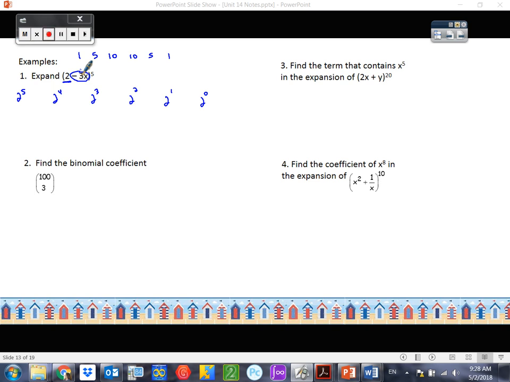So this is going to be negative 3x to the 0, negative 3x to the 1st, negative 3x squared, negative 3x cubed, negative 3x to the 4th, and negative 3x to the 5th. See how they expand in opposite directions?